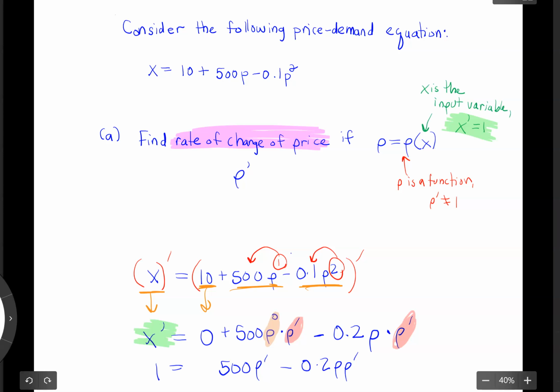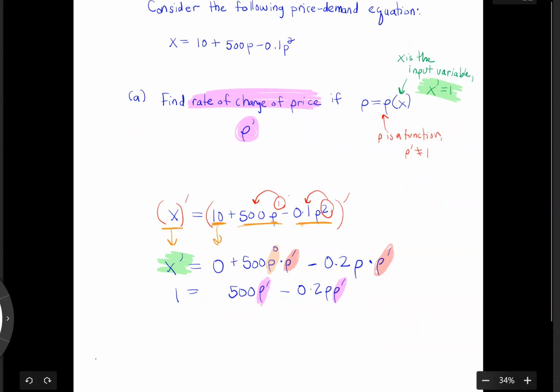Okay, now remember, we're being asked to find p prime. Right now, p prime is in 2 locations. So I need to factor out a p prime. When I factor p prime out of the first group, that leaves me just with a 500. And when I factor p prime out of the second group, that's going to leave me with a negative 0.2 p.